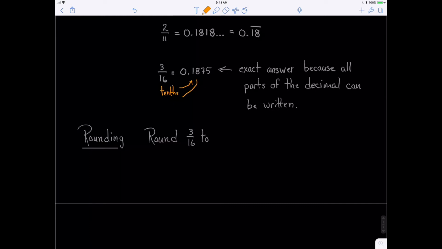The second position is the hundredths. The 7 is in the thousandths position. And then the 5 is in the 10,000ths position.